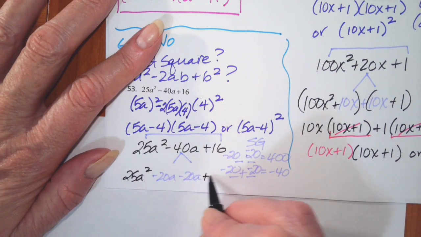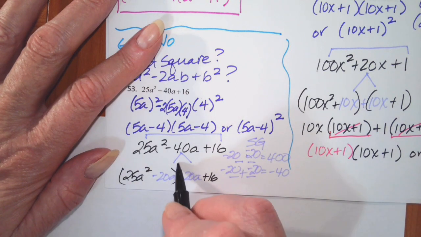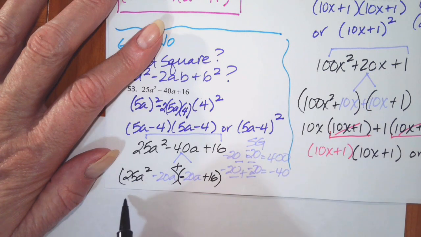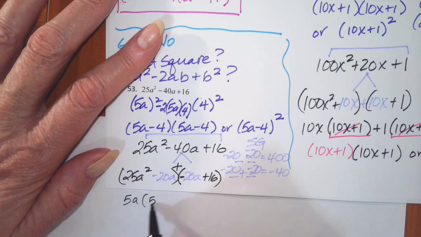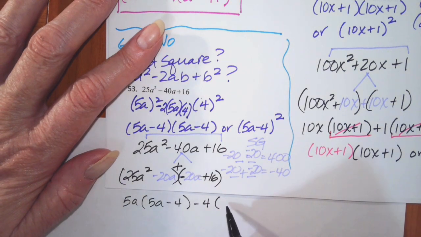25a squared plus 16. Now when I'm grouping this one, I have to write it as negative. So my GCF here is 5a times 5a minus 4. GCF here is negative 4 times 5a minus 4.